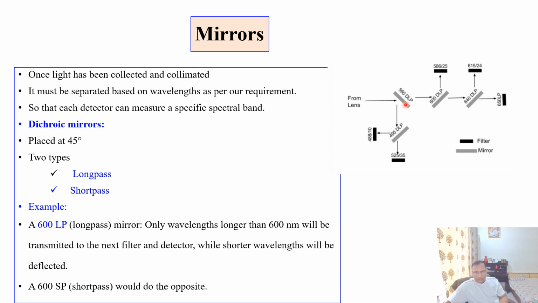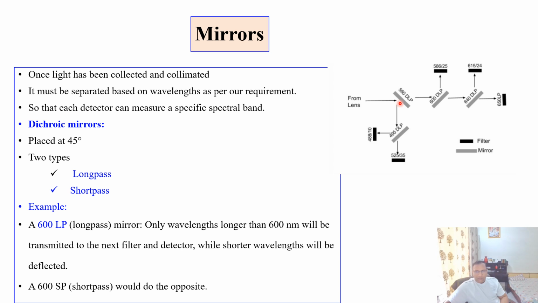The function of the long pass is to pass the wavelength of light which is longer than a certain wavelength. For example, this mirror has 560 nanometer printed on it, and it is a dichroic long pass mirror. It means this mirror passes light of wavelength longer than 560 and reflects light of 560 nanometer or less.